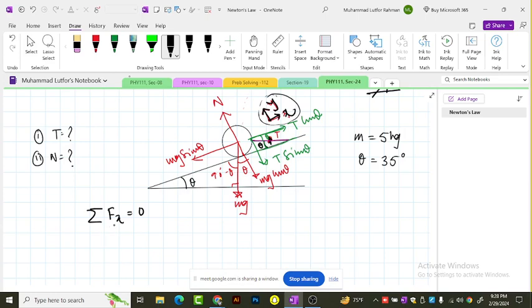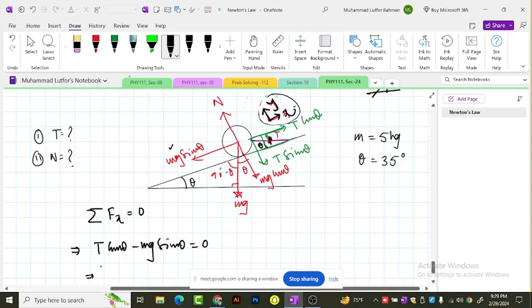It is kept stationary by the string, so that's why the net force along the x direction and the y direction would be 0. If I write down the net force along the x direction 0, then it should be T cos theta minus mg sin theta equal to 0, because these are the two forces. One is T cos theta towards my positive x direction, and mg sin theta is towards the negative x direction. So that's why I give the minus sign over here.